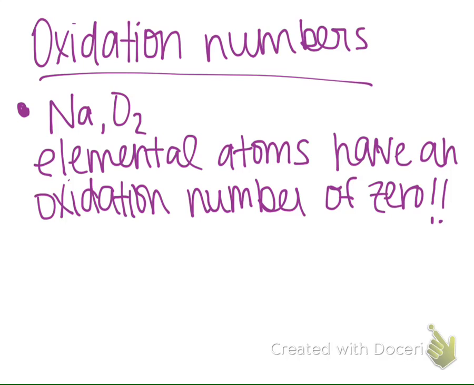Our next rule is that we're going to look at some specific examples with elements. Our rules from here on out are for when we're looking at a chemical compound or a chemical formula, when the element is bonded to something else. Fluorine always has an oxidation number of -1.